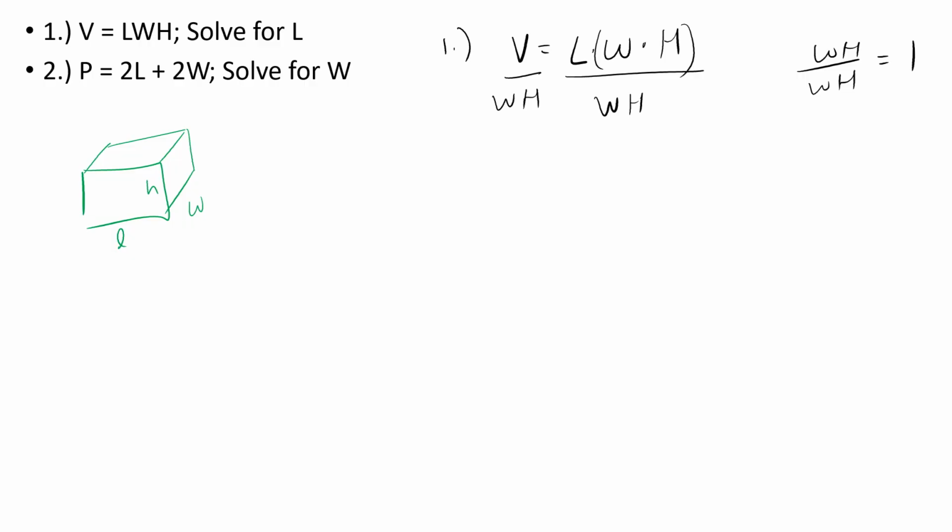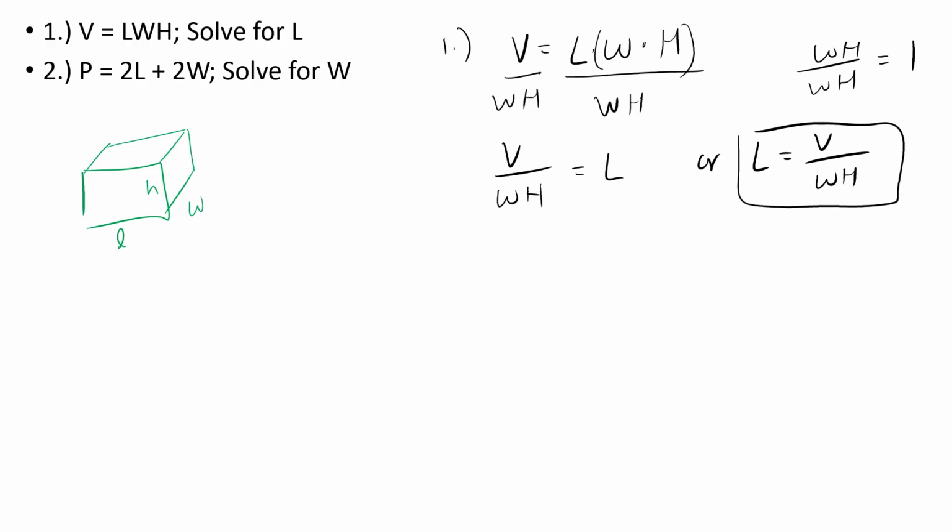Again, we never, ever, ever want to lose sight of why things are canceling out. So we have on the left, volume over WH is equal to, and on the right, the L. Or if you want to switch the order, you might be a little bit more comfortable with the order like that. So that is the first one, solving it for L.